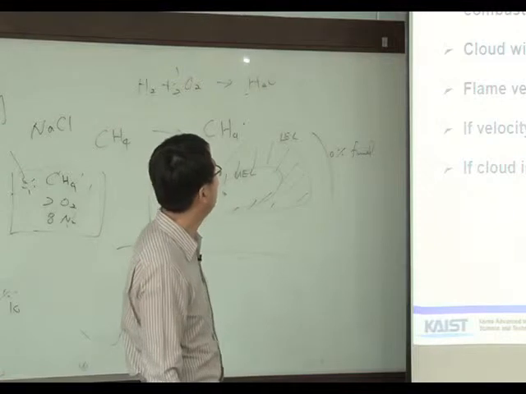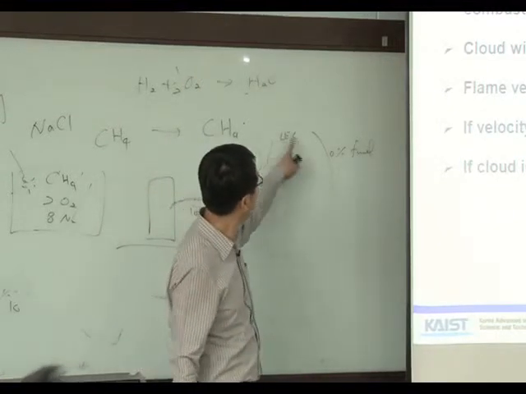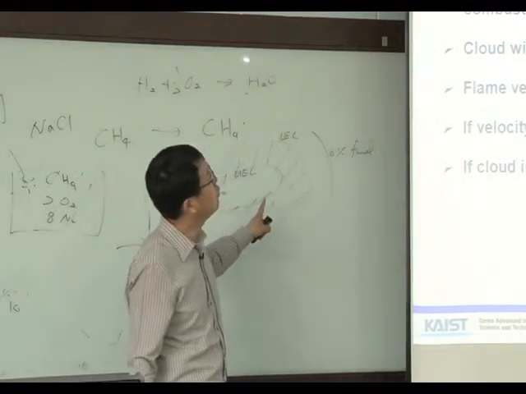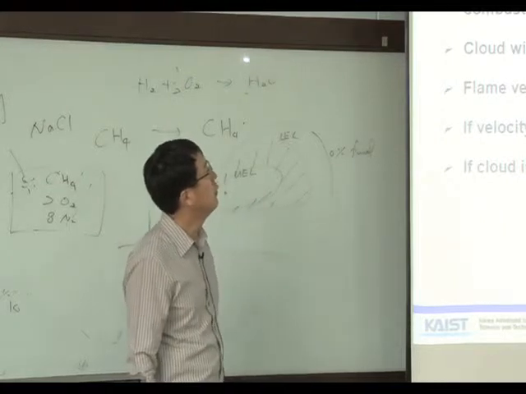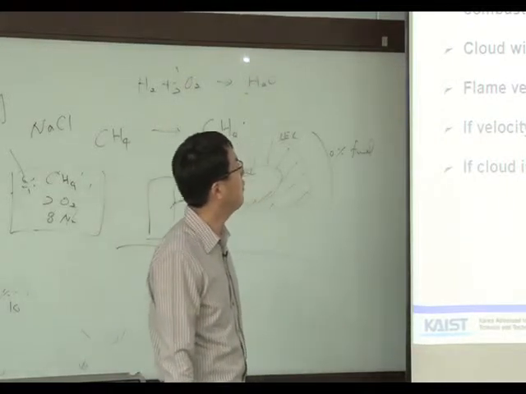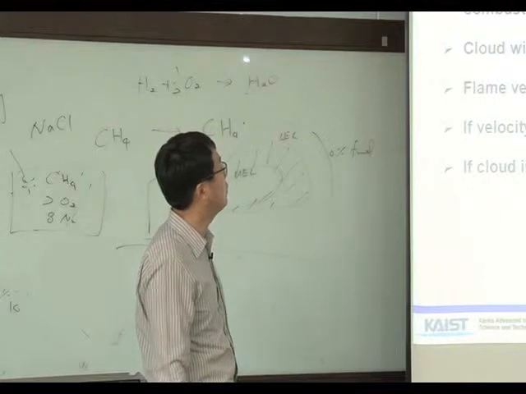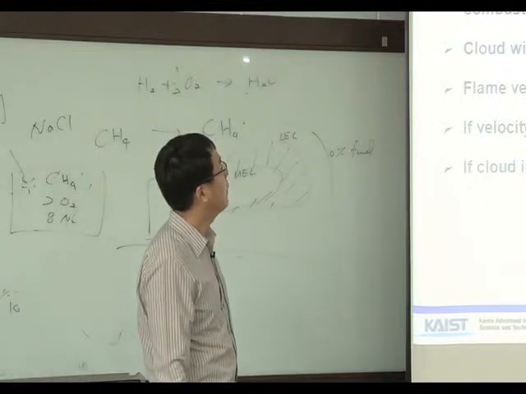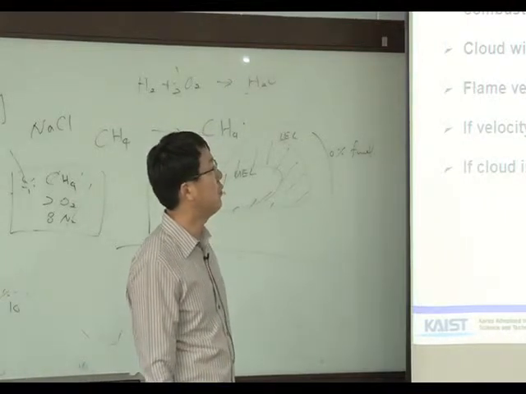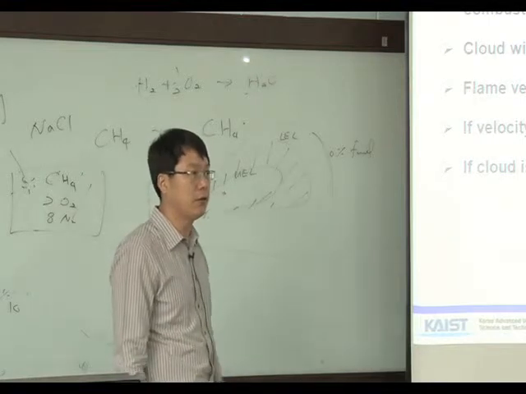So the edges, these areas are usually ignited, and flame velocity will increase. And if the velocity is high enough, the cloud will detonate.